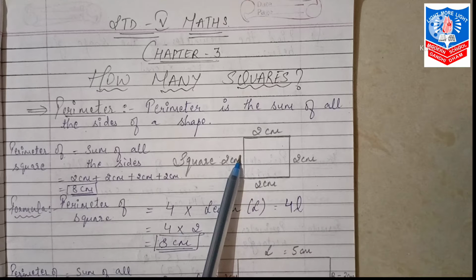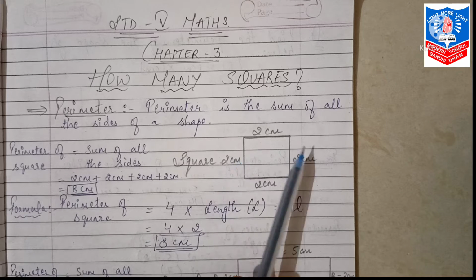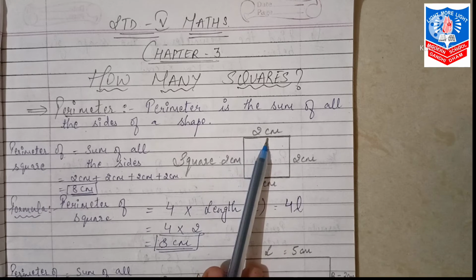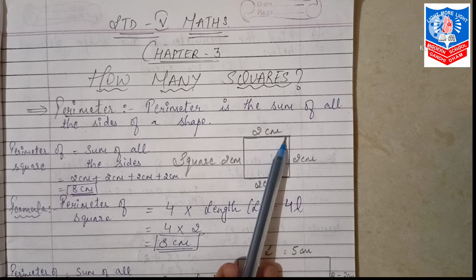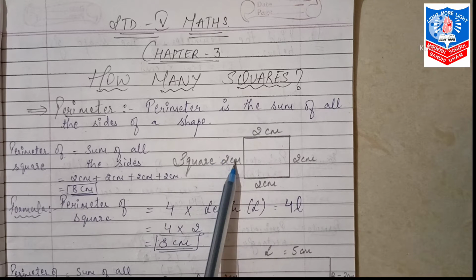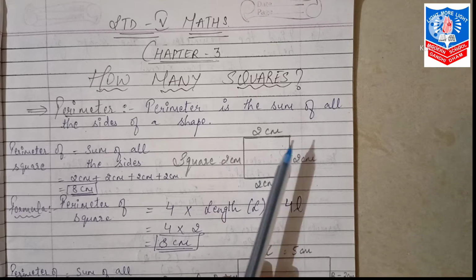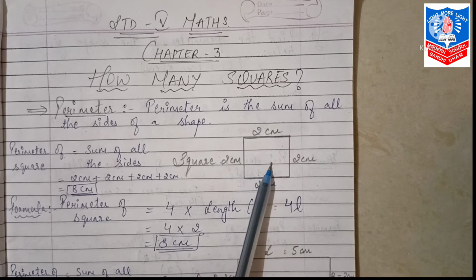And the side here we call breadth, and again the opposite side is known as breadth. Clear? Now, suppose you have 2 centimeter length, and the same breadth will also be 2 centimeter only, because this is the shape of a square.